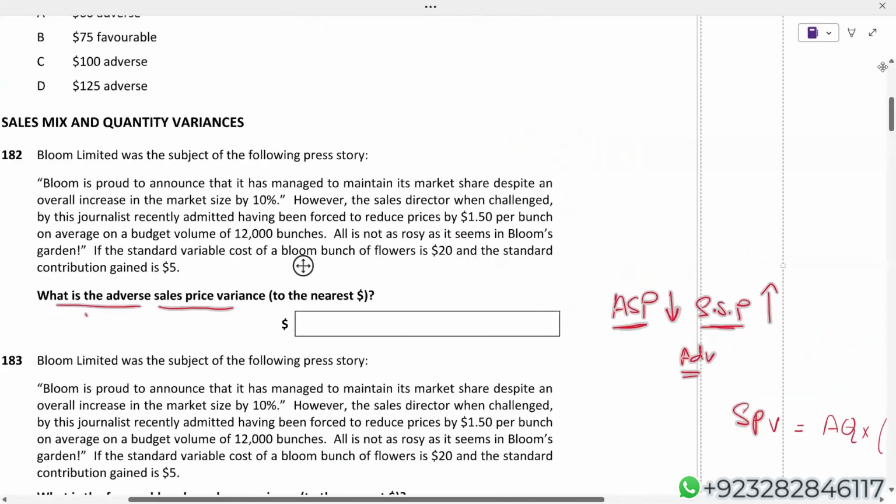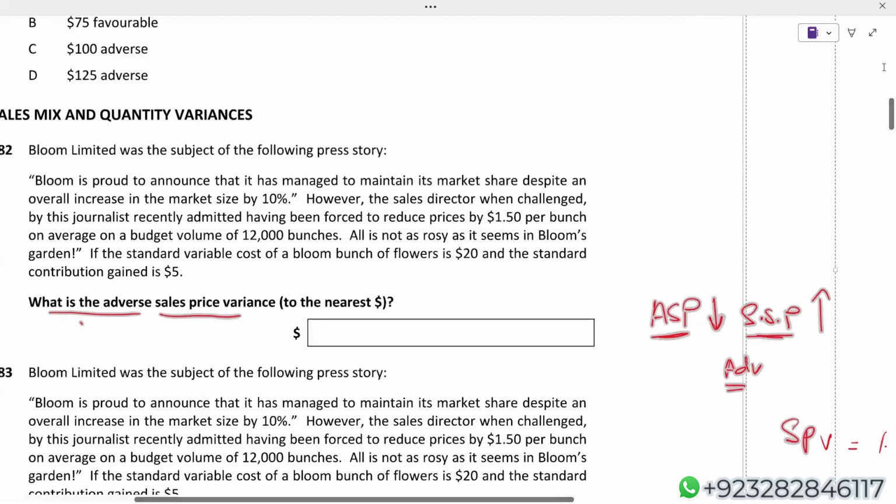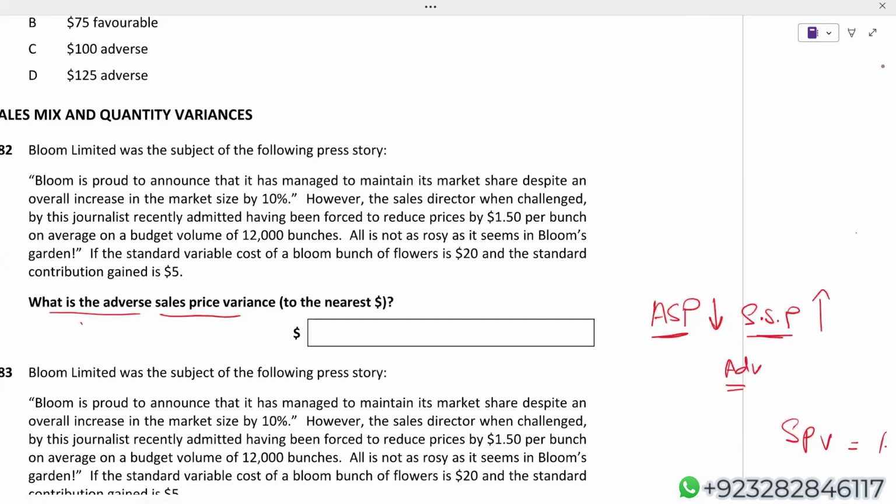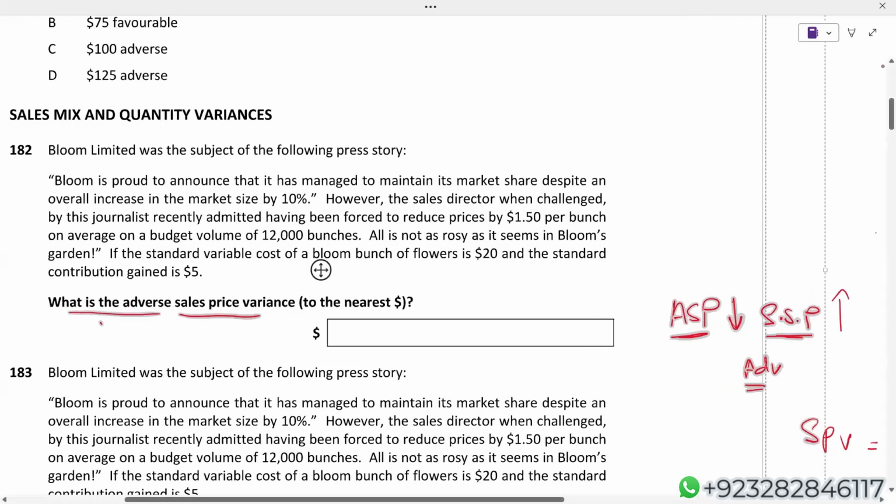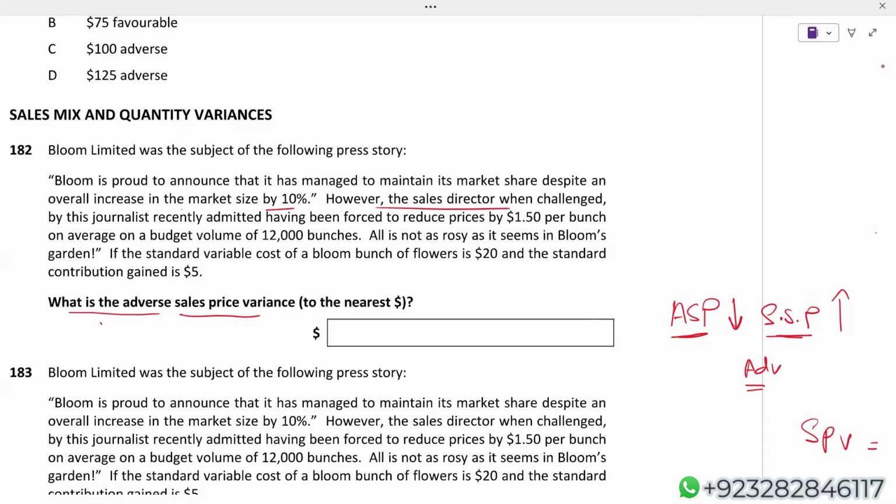Bloom was the subject of the following press story. Bloom is proud to announce that it has managed to maintain its market share despite an overall increase in the market size by 10%. However, the sales director, when challenged by this journalist, recently admitted having been forced to reduce price by 1.5.